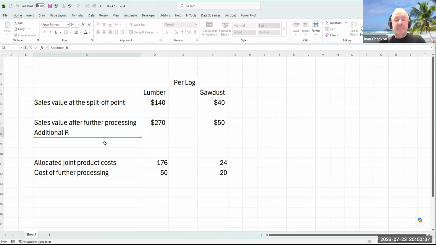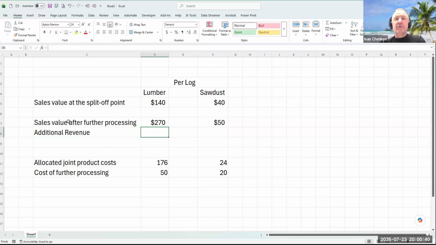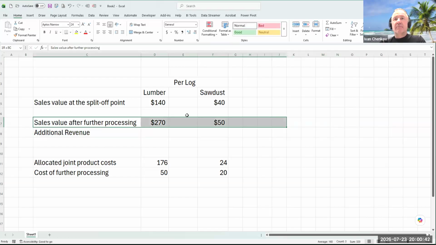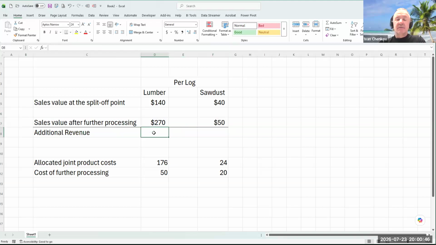So the question is, how much is my additional revenue from both of those, from the lumber and from the sawdust? As we can see, for the lumber, my additional revenue will be 270 minus 140, where on the sawdust it's going to be simply $10.